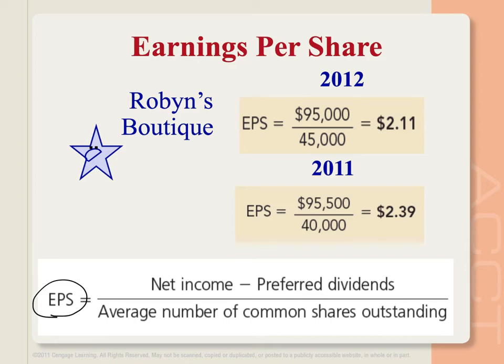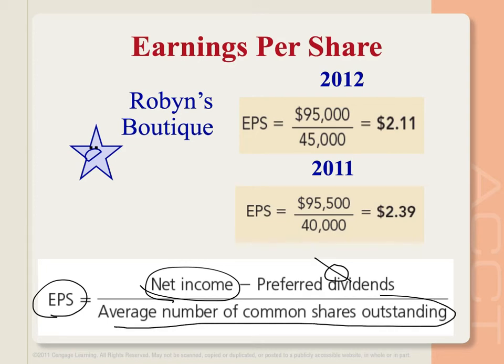However, as with anything, we should use caution in comparing companies across different industries. We want to be able to look at most companies within the same industries. So how do we come up with EPS? Net income minus preferred dividends, which in most cases will be 0, over the average number of common shares outstanding. Again, it would be beginning plus ending divided by 2.